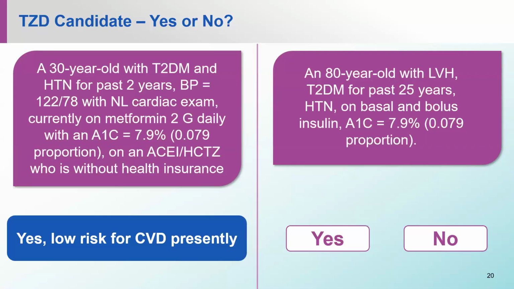Plus, we know there is likely some long-term cardiovascular benefit to the use of the med. An 80-year-old with LVH, 25 years history of type 2 diabetes, on basal and bolus insulin, his A1C is 7.9. We're going to try to add a TZD, bring his A1C down some more.